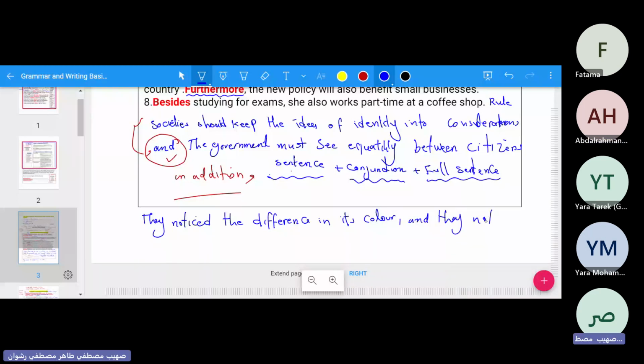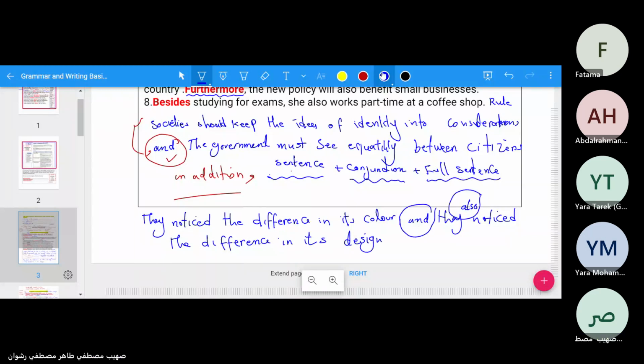They, wait, Abdurrahman, a moment. They noticed, they also noticed the difference in its design. What if in this sentence I wanted to use besides? Yes, Abdurrahman, you have a question?